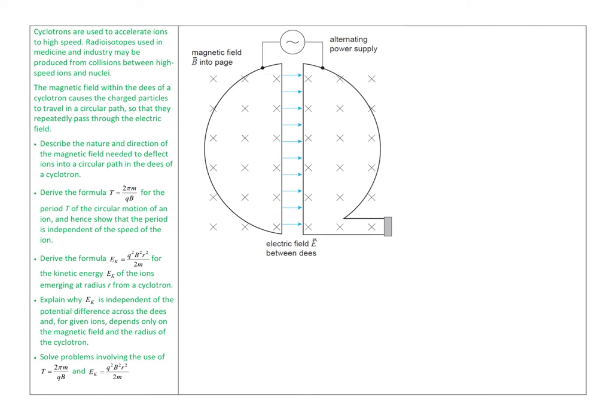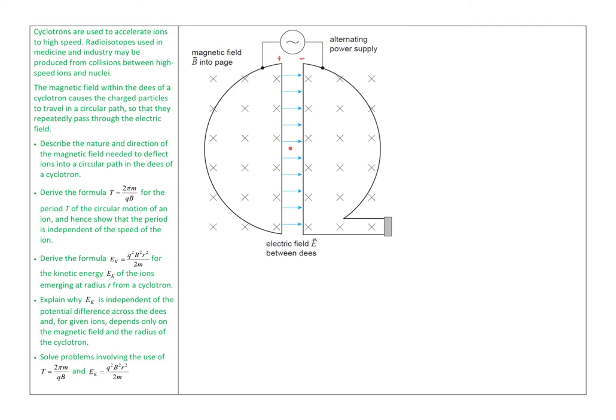So what is happening in that cyclotron? Firstly, we would enter a source of ions into the middle of this cyclotron here, somewhere like this. And let's say that's a positive ion, like a proton. And let's say this here would start off being the negative side, this would be the positive side.